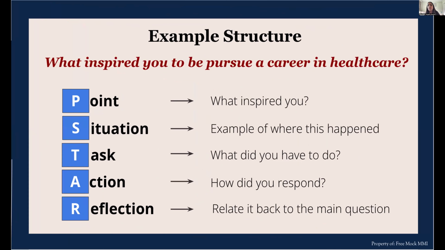So an example structure to help you answer a question in career choice is PSTAR, which is point, situation, task, action, and reflection. If we had a question like what inspired you to pursue a career in healthcare, this is a pretty general question, and you'd be lucky if you got it, but we can just work through an example. So for the point, we want to say what actually inspired you to pursue a career in healthcare.